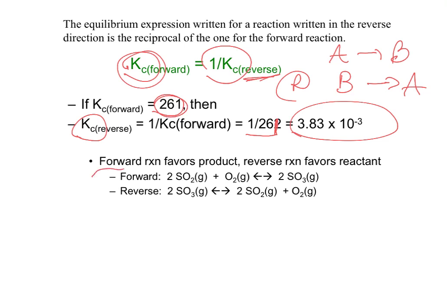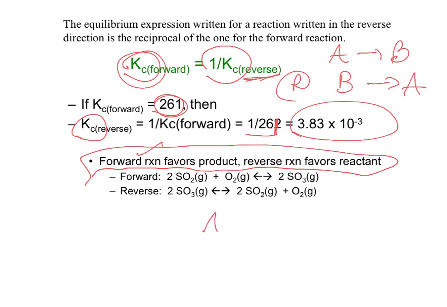Now, one thing that may be obvious, but I just want to prompt your brain cells to absorb it: if the forward reaction favors product, the reverse reaction will favor reactant. Let's write it out in typical equilibrium format. We have a reversible reaction.